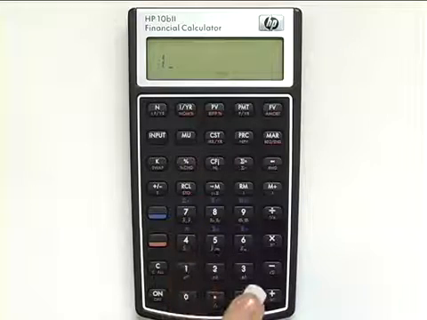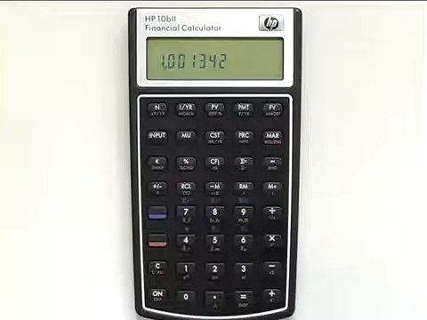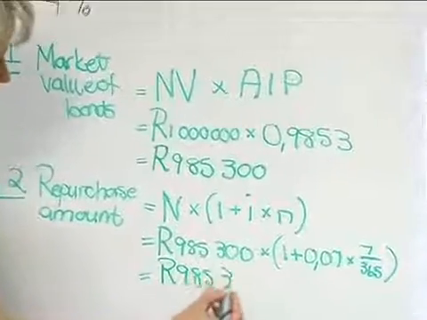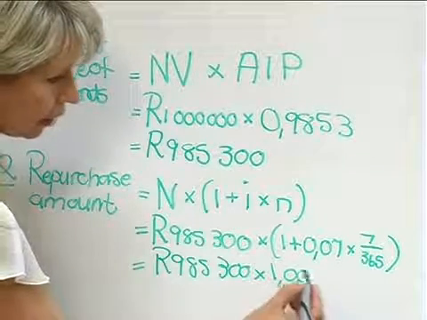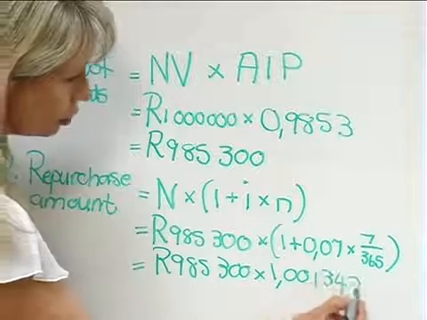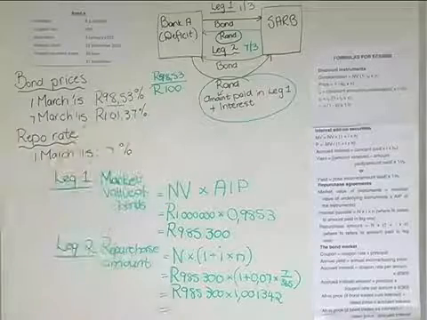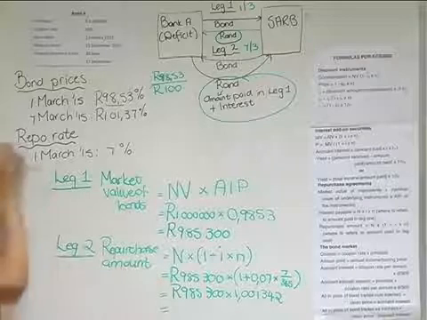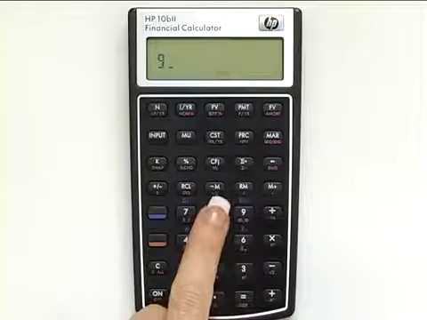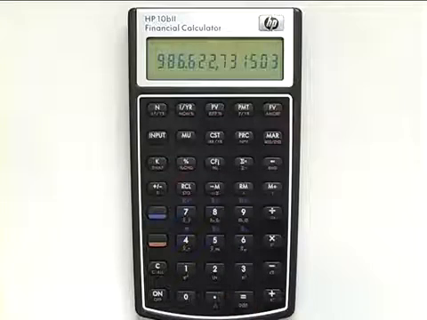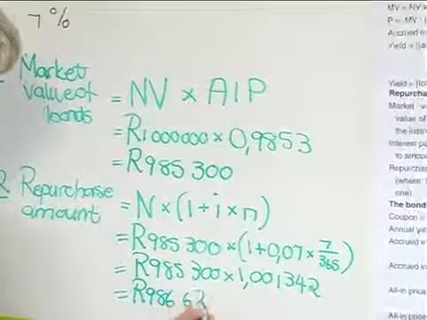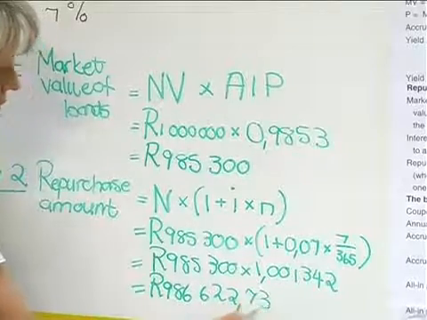Plus 1, so in brackets, it's going to be 985,300 times 1.001342. If we multiply that by the price that was paid in the first leg, 985,300, that gives you 986,622 rand and 73 cents.